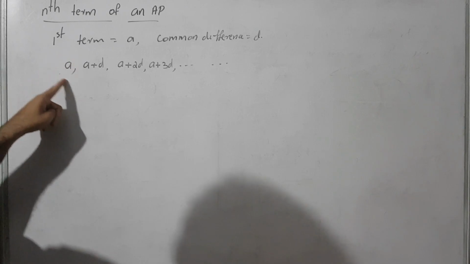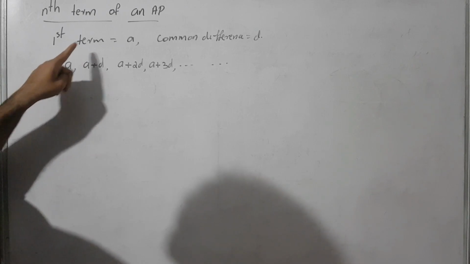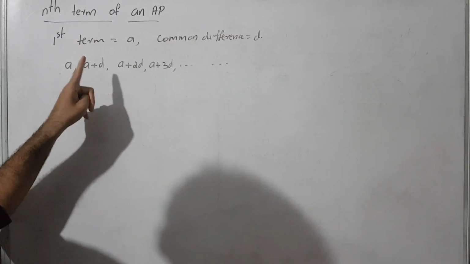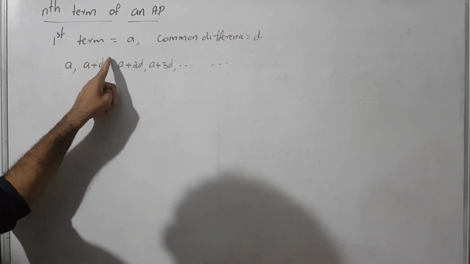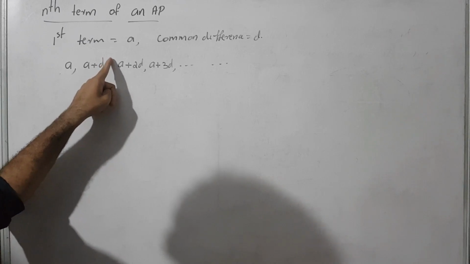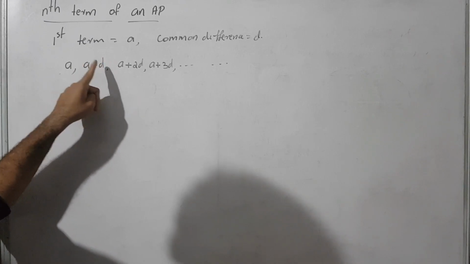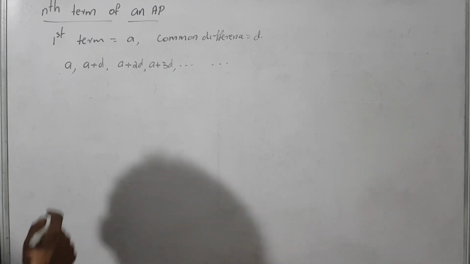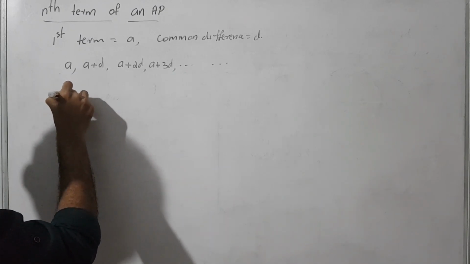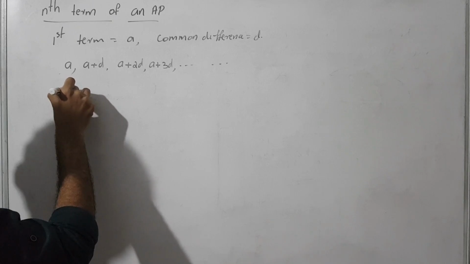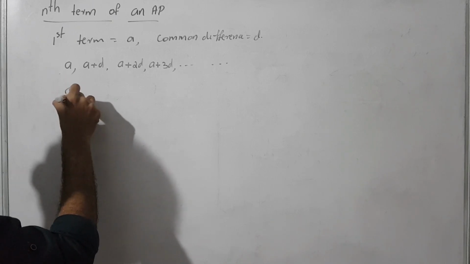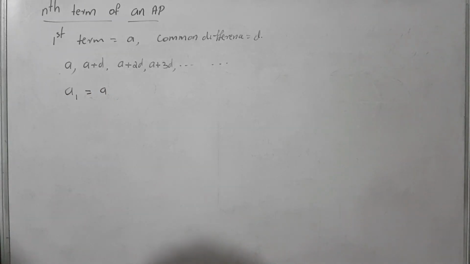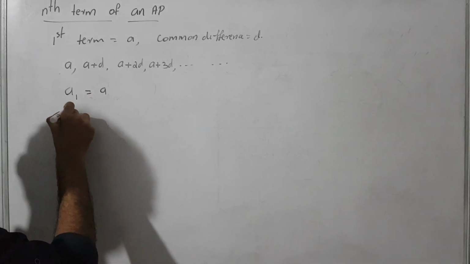We start from the first term. First term plus the common difference, that is the second term, and second term plus again the common difference, that means we add 2 times the common difference to the first term, then you get the third term. A1, the first term, is equal to A. Then what is A2?